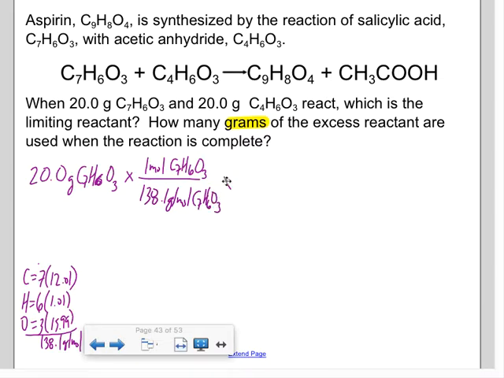C7H6O3. All right, so now I'm in moles of C7H6O3, and I want to compare it to C4H6O3. So I'm going to use the mole ratio. So the coefficients in front of these are both 1. Now I'm in moles of C7H6O3, so that has to go on the bottom to cancel out.